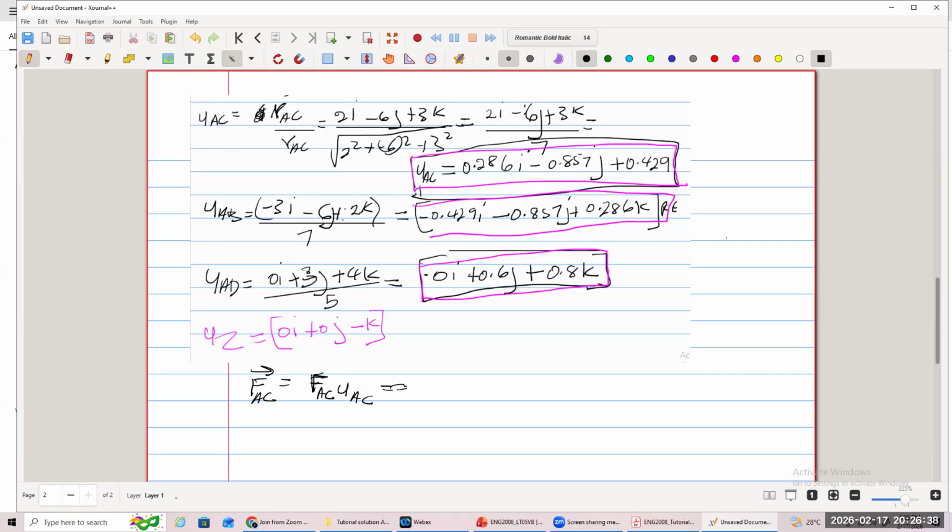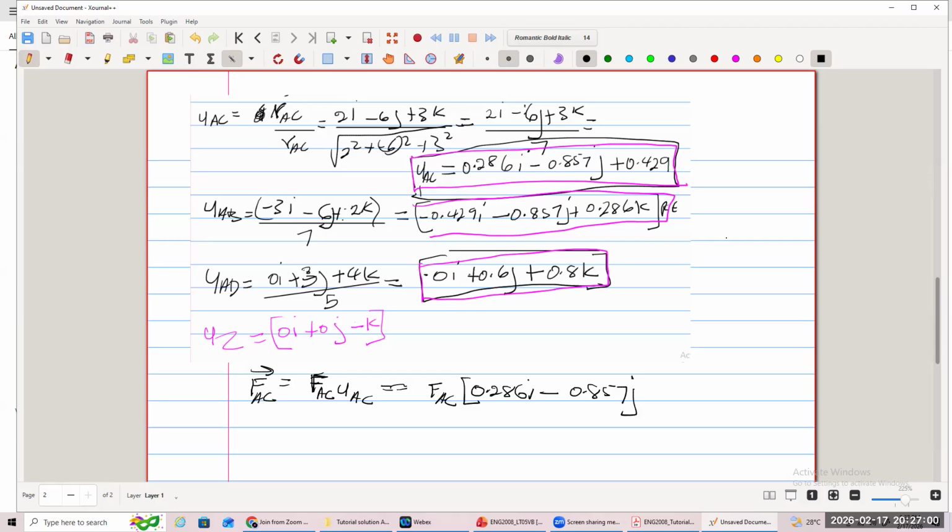What's the unit vector of AC? It would be F_AC open bracket 0.286 i, 0.857 j.